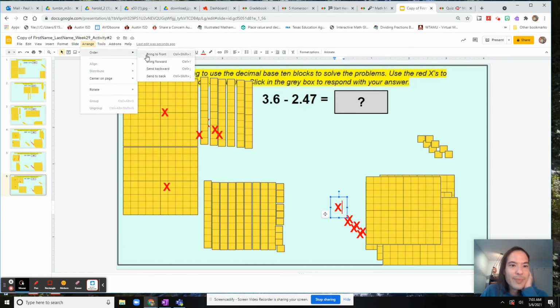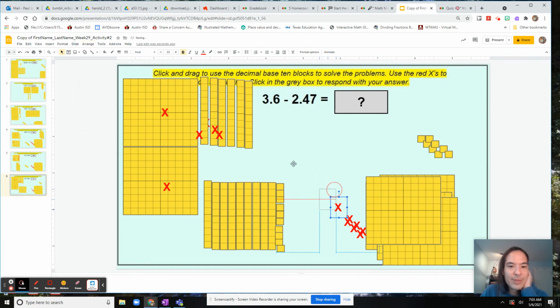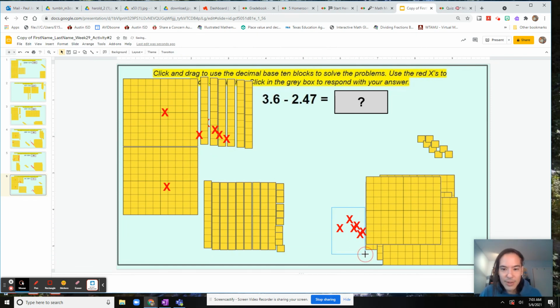So, remember, if you use the algorithm, I'm cool with it on this one. All right, we took out 4, and then we're supposed to take out 7 of the hundredths. Let me make sure all these are on the front. Arrange, order, bring to front. All right.